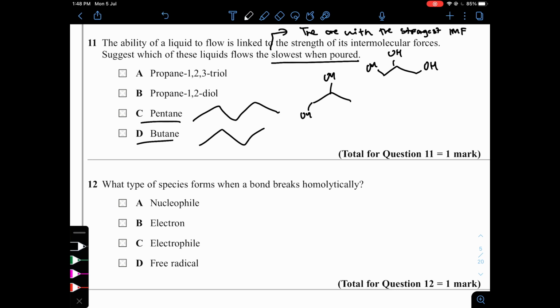But looking at B and A, they both have hydrogen bonding, because you see the hydroxyl group. So we have to determine whether it's propane-1,2-diol or 1,2,3-triol. It should be A because we have more OH groups, and because of that, the attraction between the molecules of A would be greater. So this would naturally be more viscous. So the answer is A.